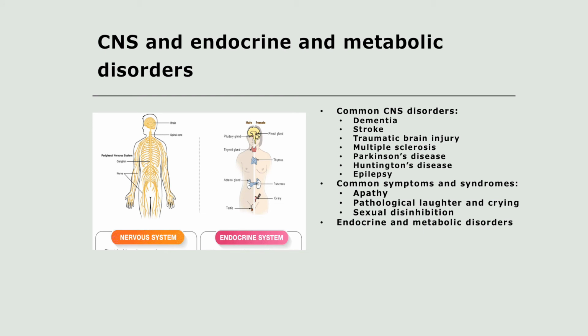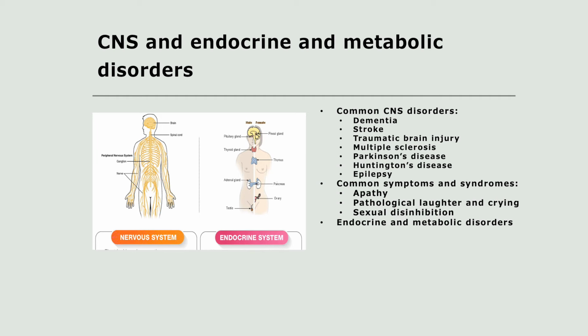On the other hand, the endocrine system disorders are known for their tendency to manifest predominantly psychiatric effects, and for their interrelated nature with the nervous system.